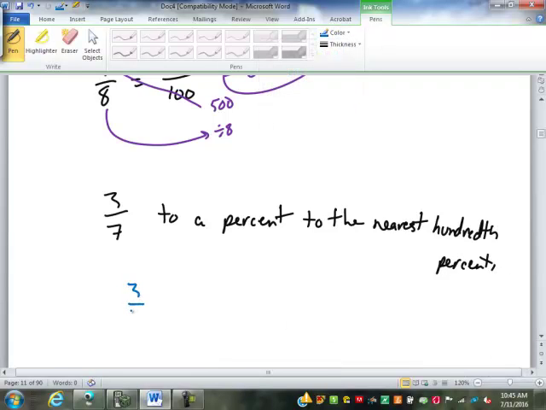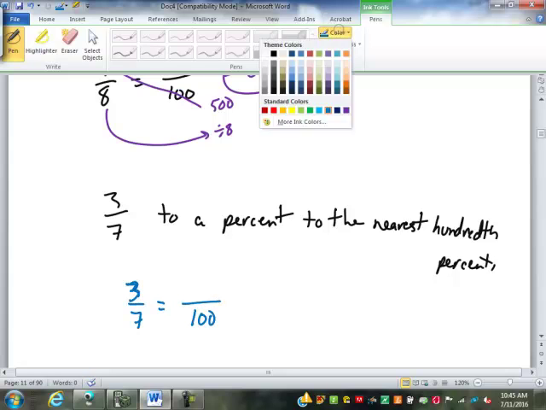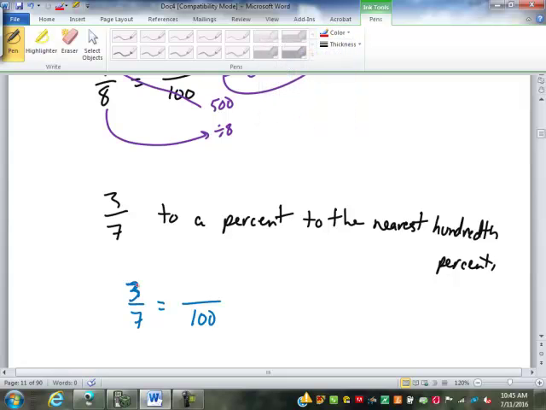So we set it up as 3/7 equals blank over 100. To find that missing number, we're going to cross multiply. 3 times 100 is 300. And then we'll divide by the 7, which is 42.857143 approximately, right?